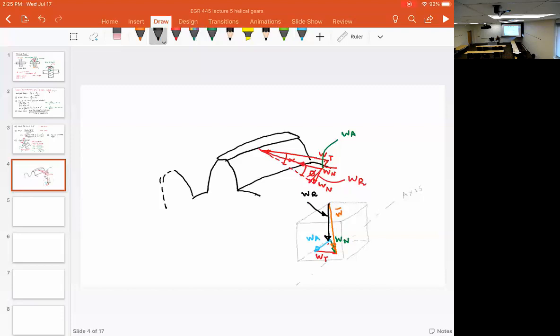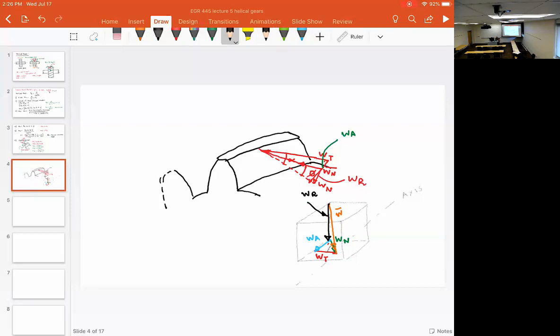I would explain once again. First and foremost, understand that in a helical gear, you have a complex state of forces because you have two angles. You have a helix angle and you have a pressure angle. So start with Wt. Wt is making angle alpha with respect to Wn.